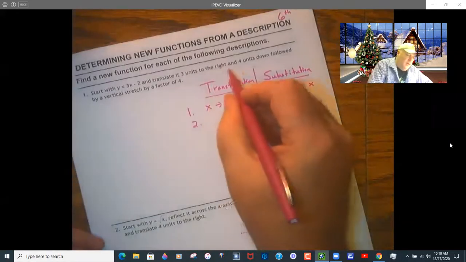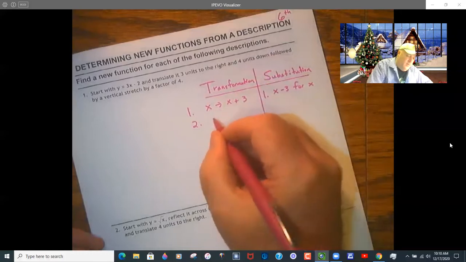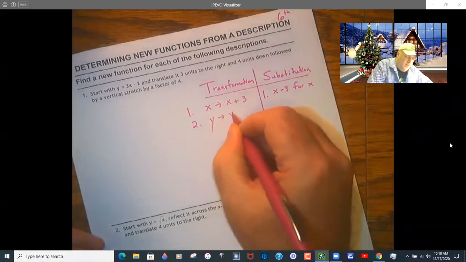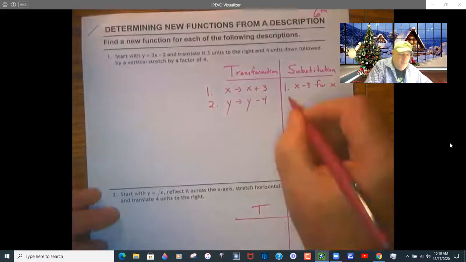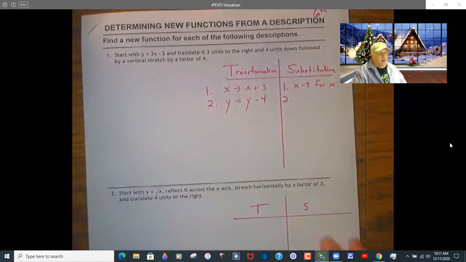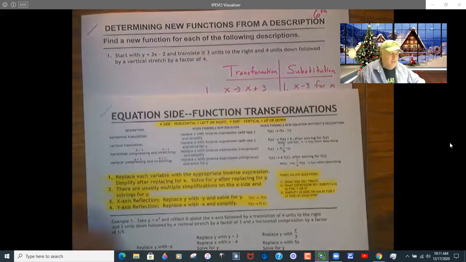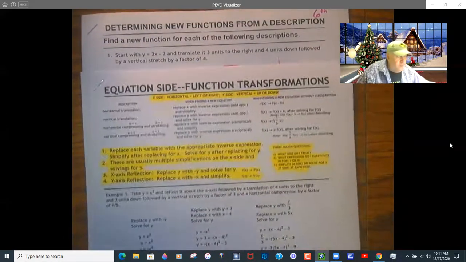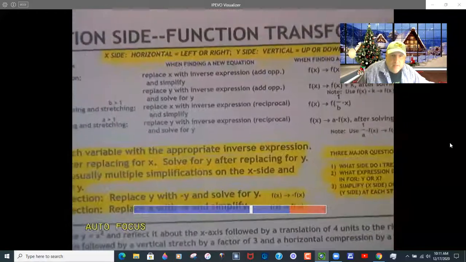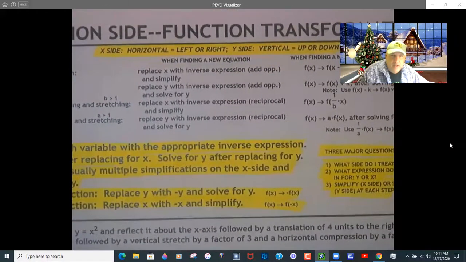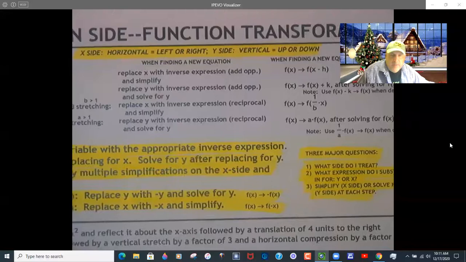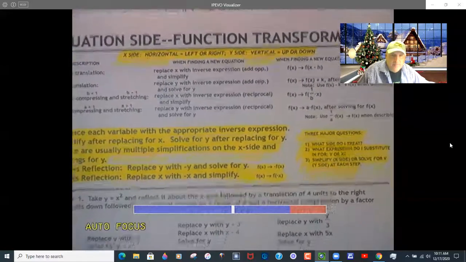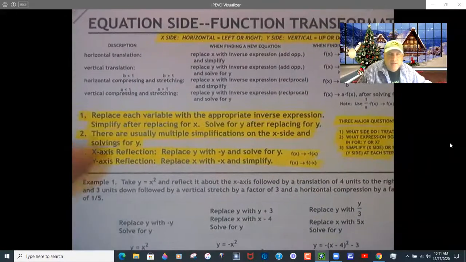Step 2, 4 units down. So 4 units down is written this way. If you have any question about whether you're using x or y, come back to this. This top little guy here does a great job of explaining all the language: left or right, y side, vertical, up or down, scaling, and so on.